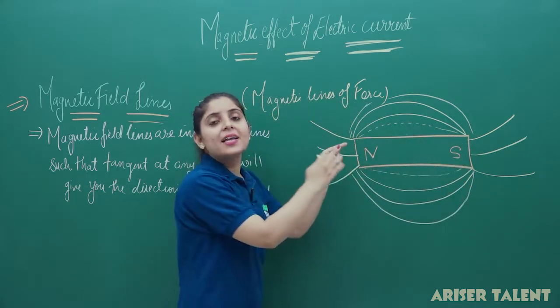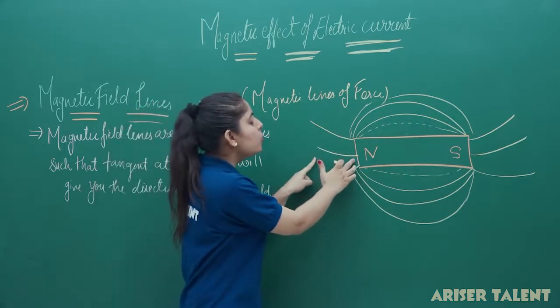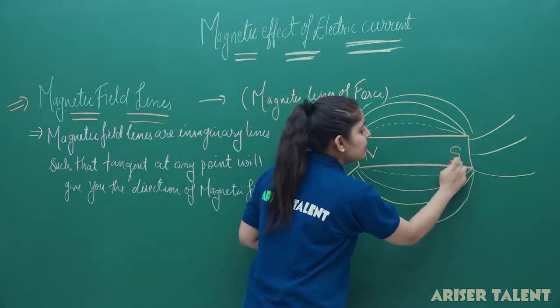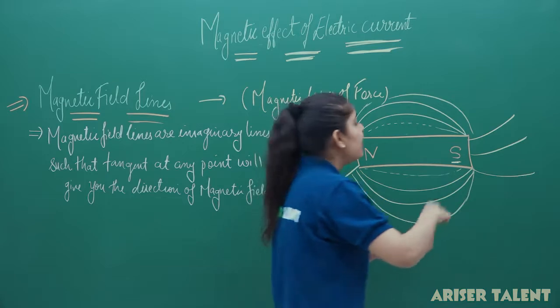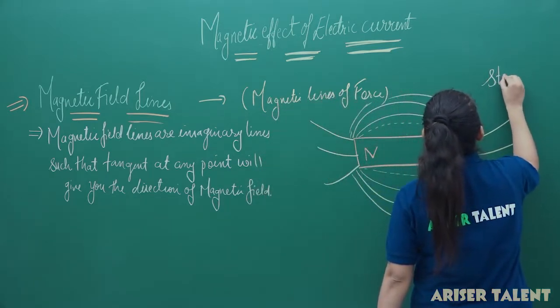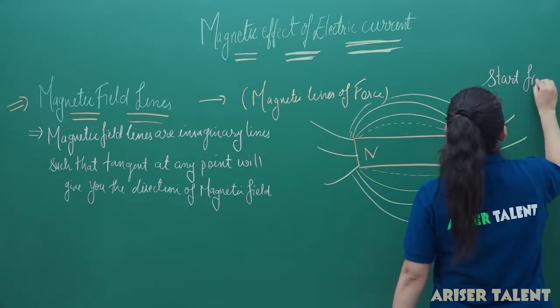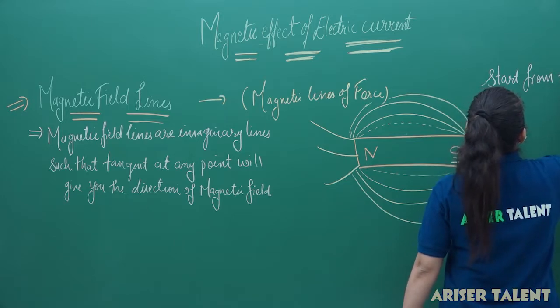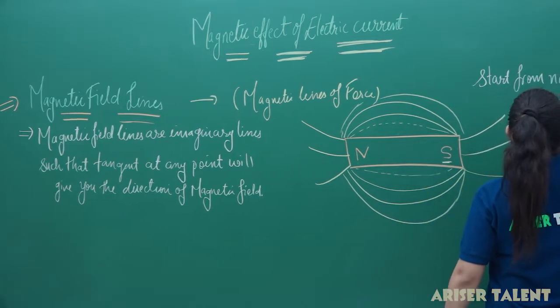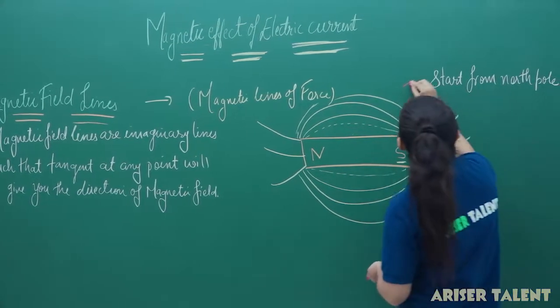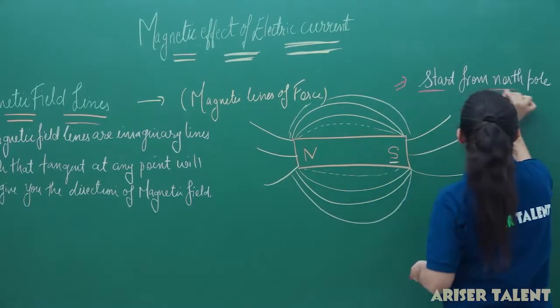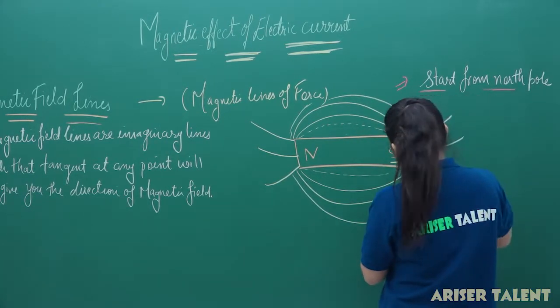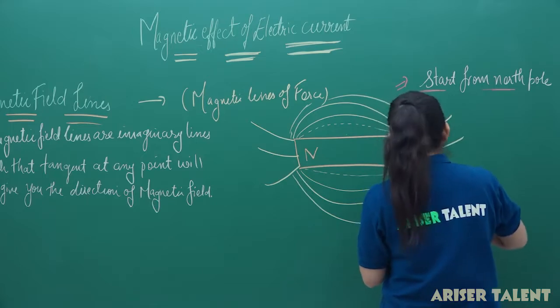These lines start from the north pole and end at the south pole.